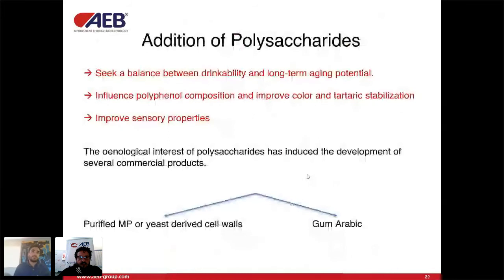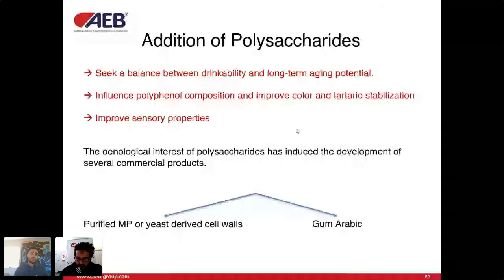So also, in addition to the phenolic compounds, addition of polysaccharide is also allowed in wine, and you add polysaccharide to seek a balance between the drinkability and the aging potential, to improve color and tartar stabilization, and also to improve the sensory properties such as mouthfeel and viscosity.